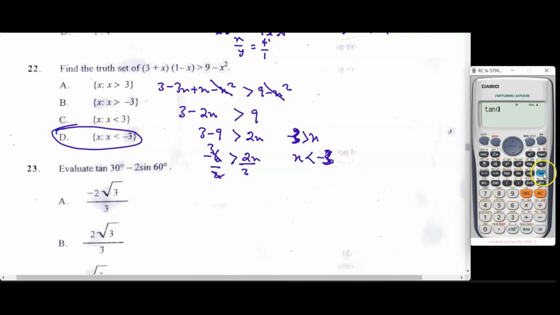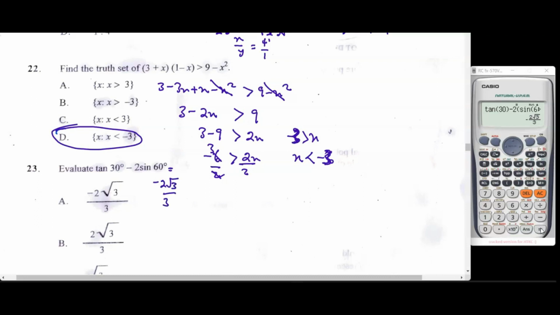So tan of 30, close bracket, minus 2 into bracket, sine of 60, close bracket twice, and that will give us an answer of negative 2 root 3 all over 3. So this is equal to negative 2 root 3 all over 3.